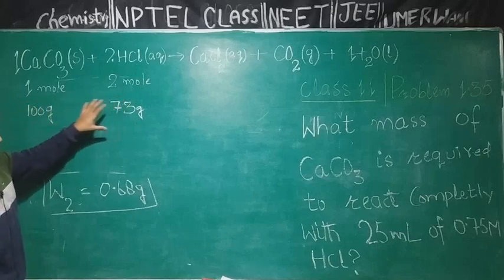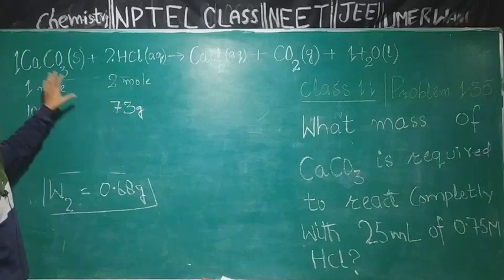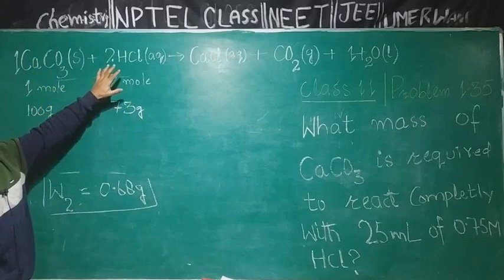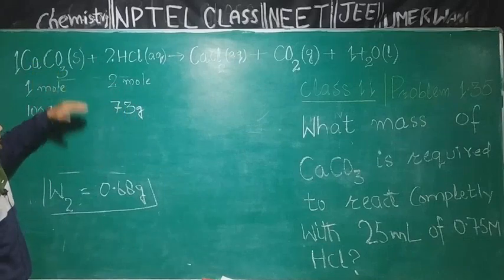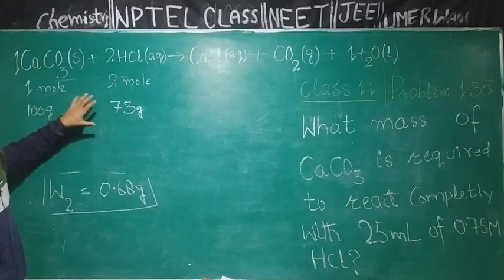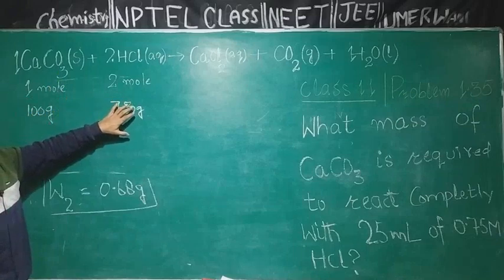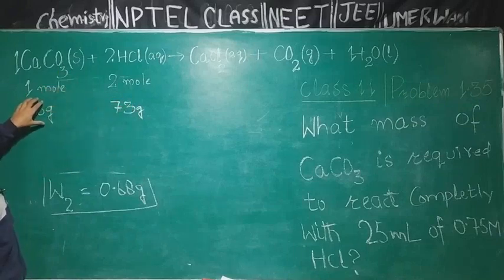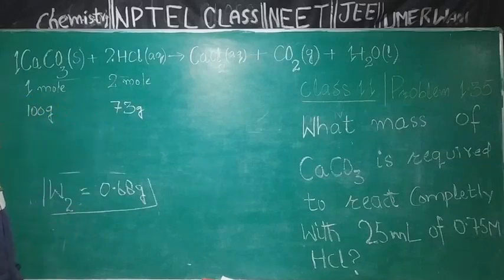These are the stoichiometric masses of calcium carbonate and HCl, the fixed relation between reacted masses for this particular reaction, and this is called reaction stoichiometry.